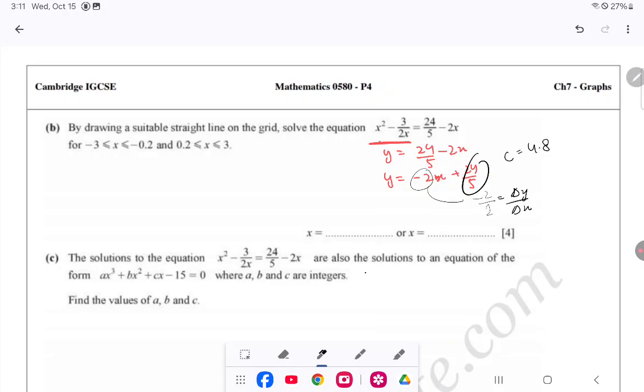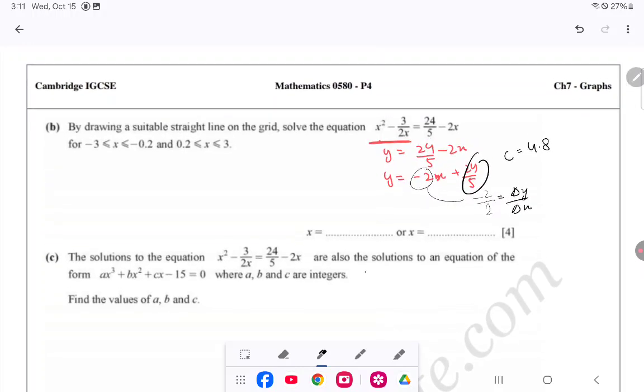So now put the intercept 4.8 in the given graph.